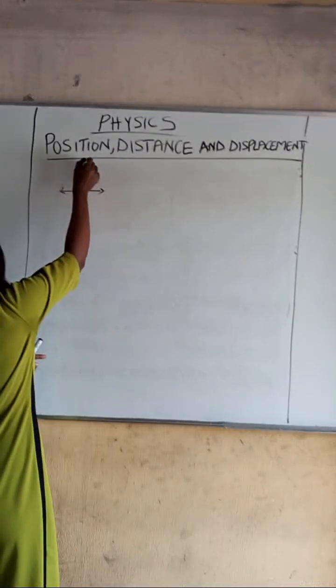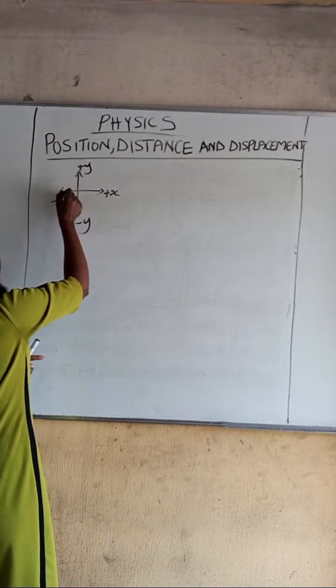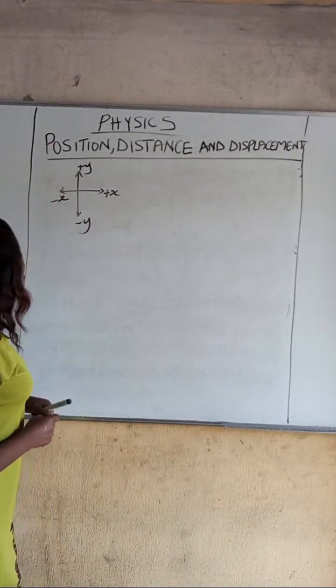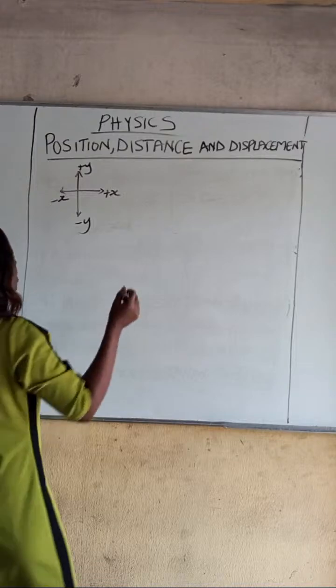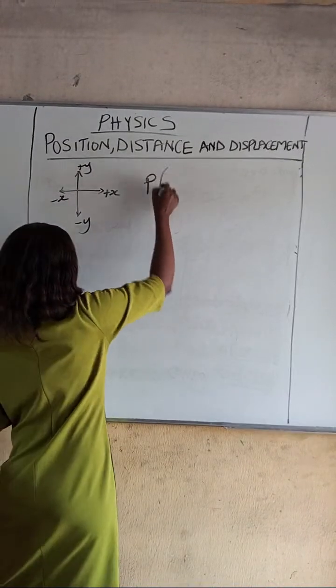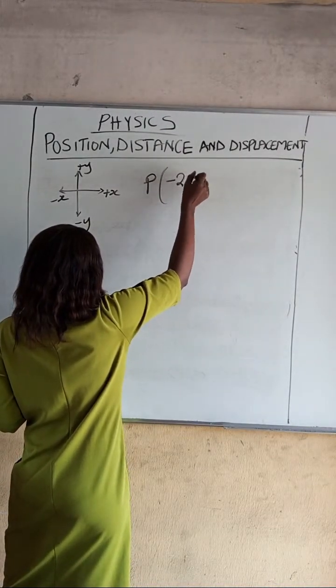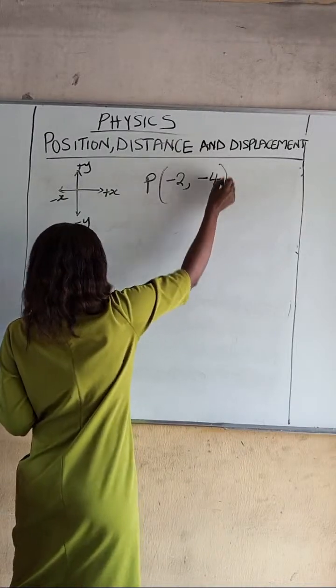This is plus y, minus y, plus x, minus x. Now, how do you locate an object? I will say an object P has coordinates of, let me say, -2, -4.